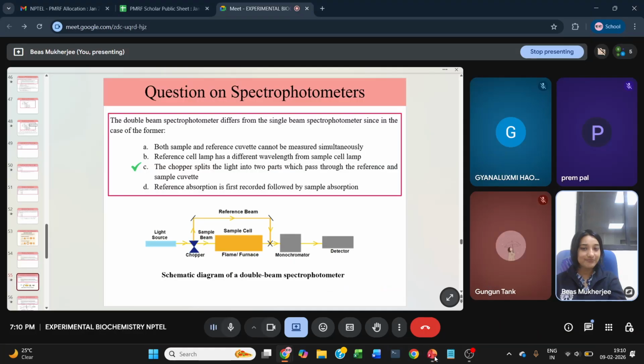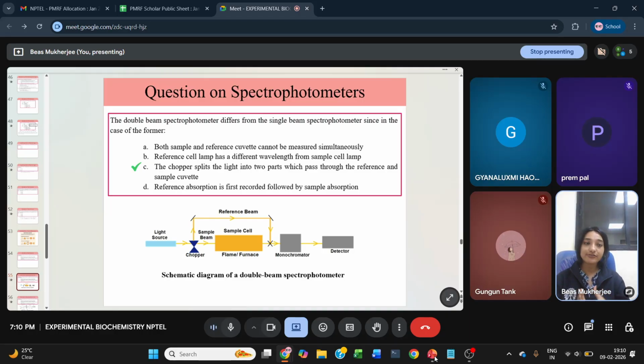Yes, it is C. So you see that there is this chopper which is actually separating the light out, and it is going to both reference and sample beam, and then it is coming to the monochromator, and then it is going into the detector. So why is that happening? Because we want to know what is the exact difference due to the sample present in the cell.